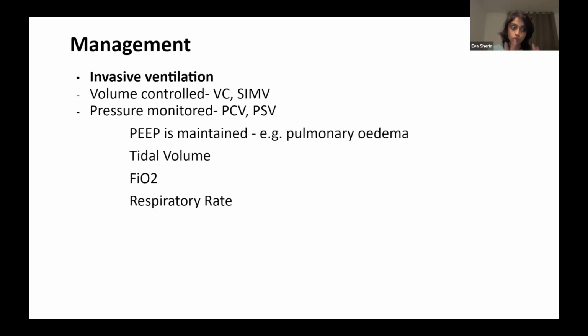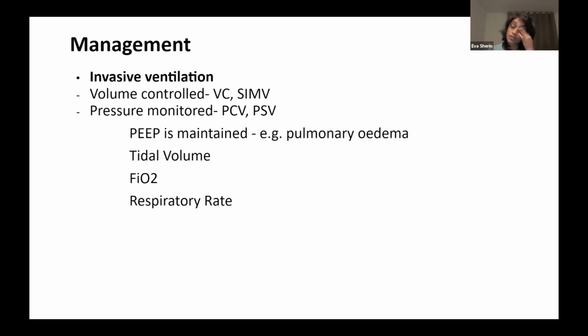Then you've got the volume control setting, which entirely takes over the respiration for the patient. You set the volume and the respiratory rate for the patient, so the entire act of breathing is taken over by the machine. And you also calculate the tidal volume for the patient at about 4 to 6 milliliters per kg of body weight of the patient.